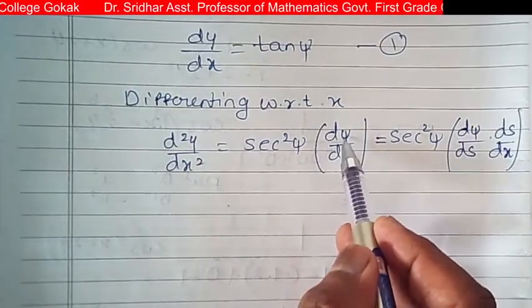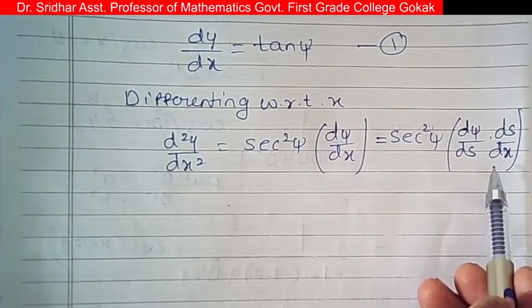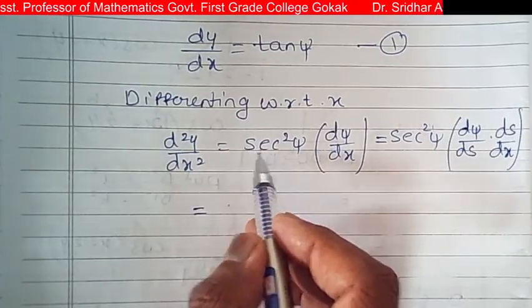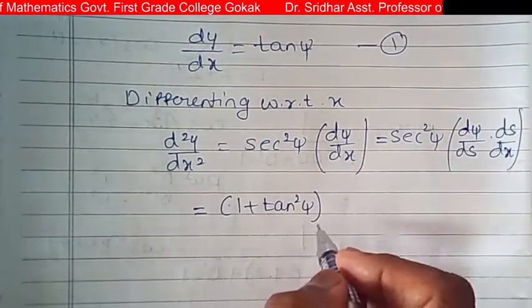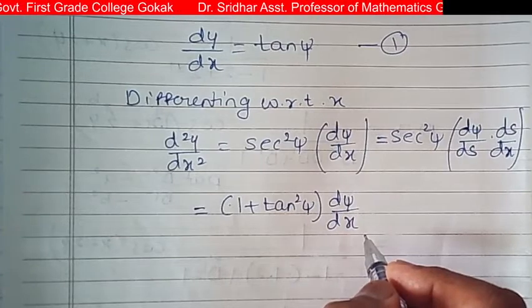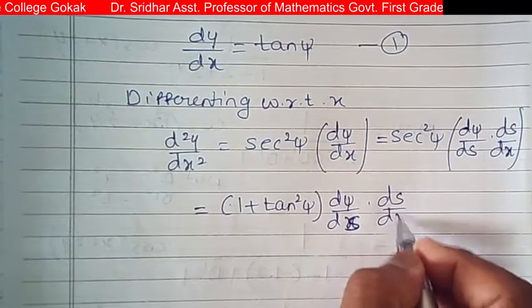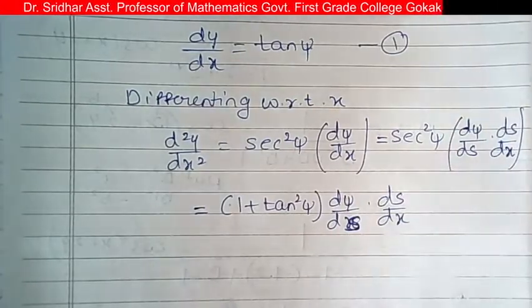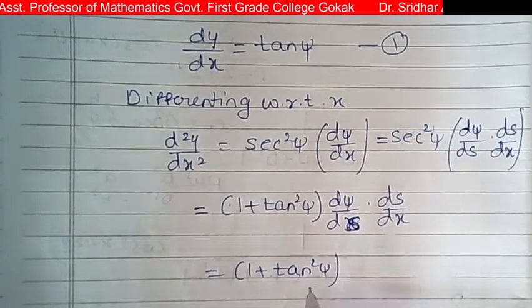Now from the trigonometric identities, sec square psi is 1 plus tan square psi, and d psi by dx is d psi by ds into ds by dx.